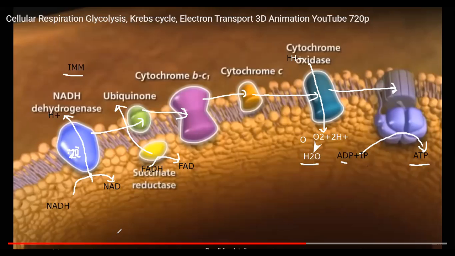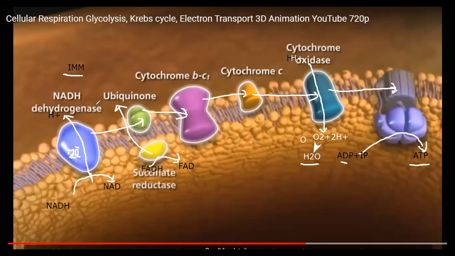Coming to the calculations part, as I discussed earlier, one NADH molecule's oxidation, the removal of H plus ions, releases 4 H plus ions.